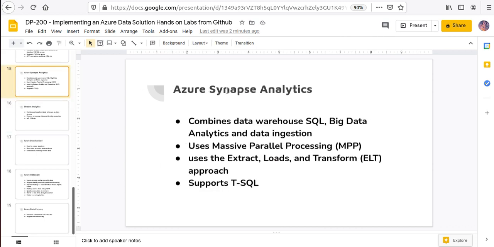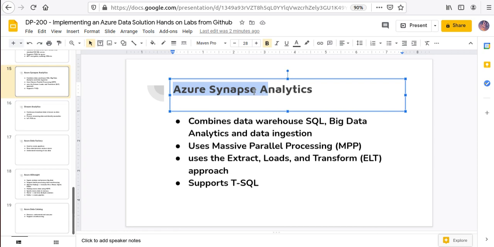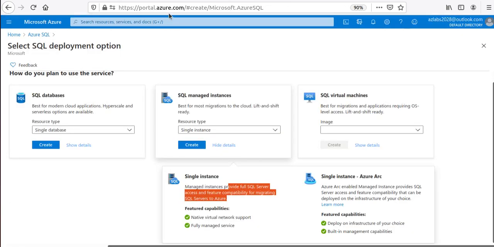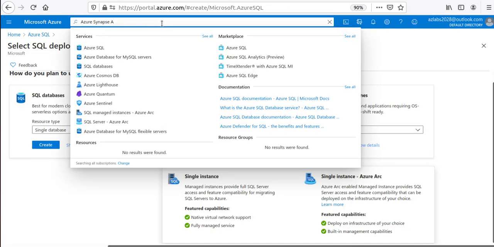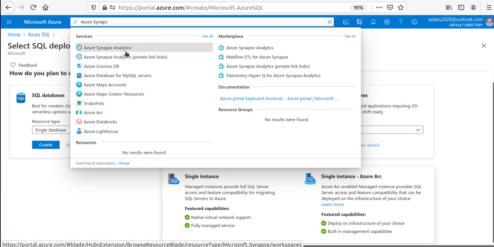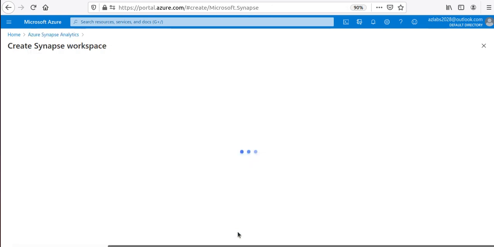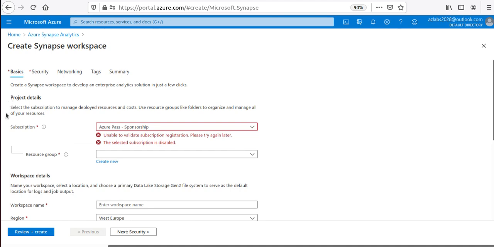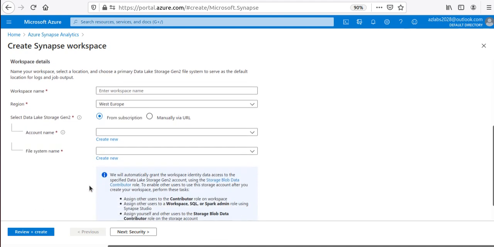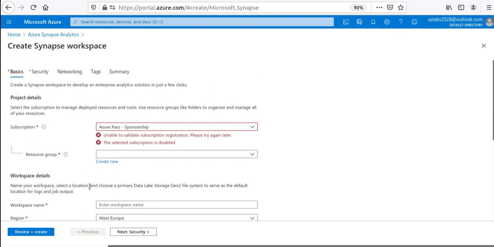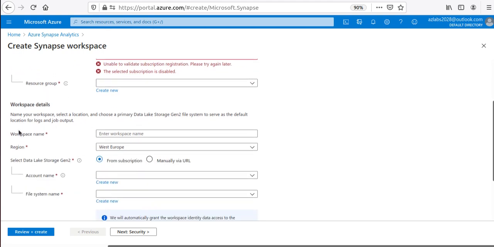All right, let me just find if this one is available here in Azure real quick. Yeah, if you search for Azure Synapse Analytics, you can click on it. If you want to create it, you just click on it again, create the Synapse workspace. Here it's a little bit more involved than other types of deployments. Here you need to choose your subscription, resource group, your workspace name, and you need to select a data lake here.